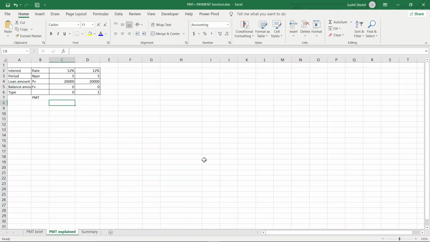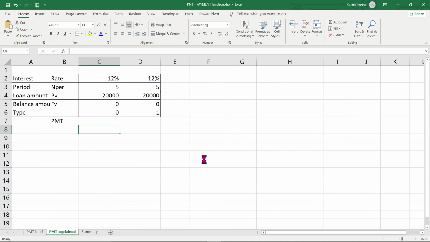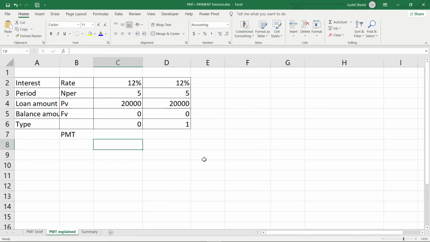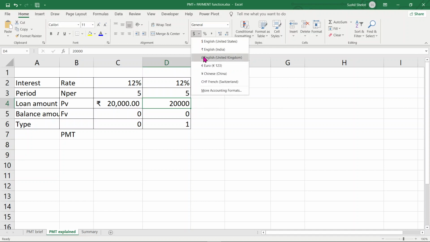Here we have an example wherein a person has taken a loan amount, say the PV, that is present value, is 20,000. This can be any of the currencies, it does not matter if it is pound or rupees. I'll consider Indian rupees, and let us find out what the PMT returns as output.